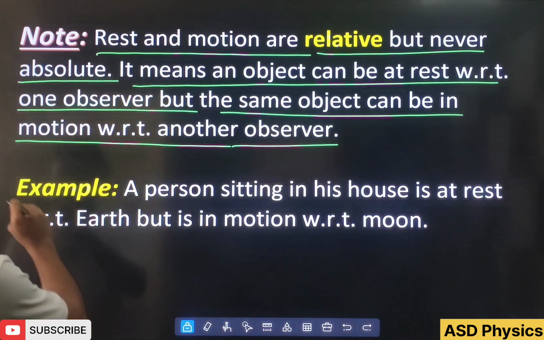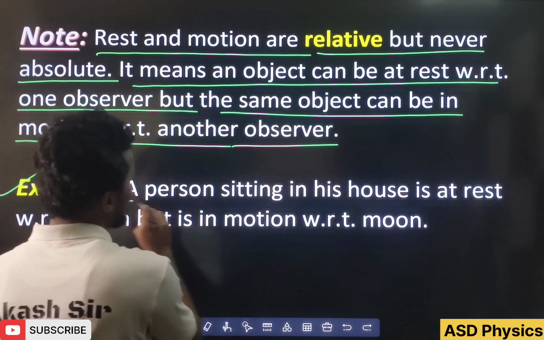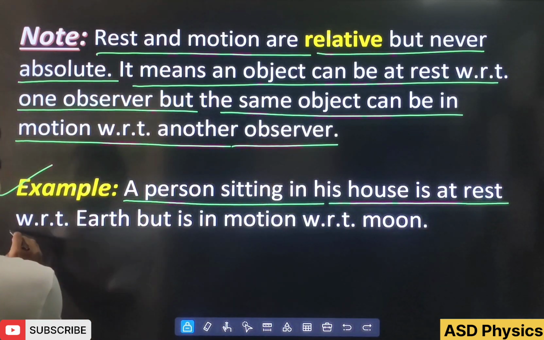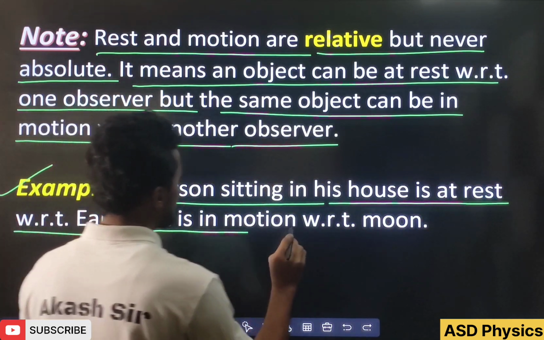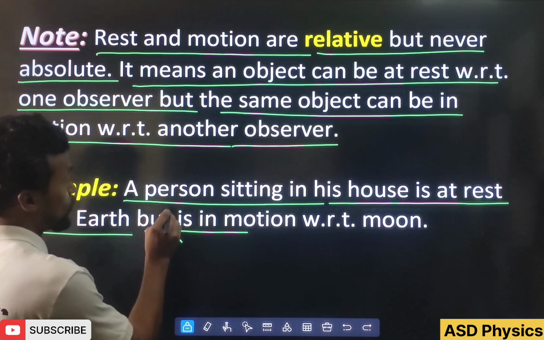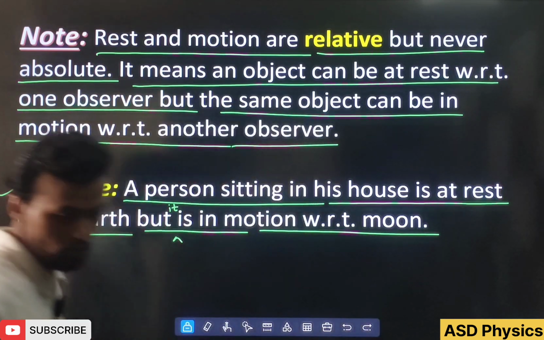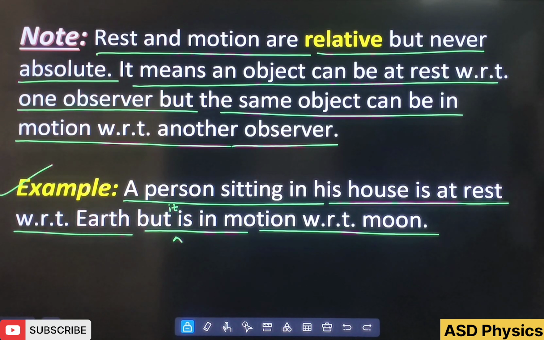Let's see the first example. A person sitting in his house is at rest with respect to earth, but is in motion with respect to the moon. So remember that rest and motion are relative terms, students.